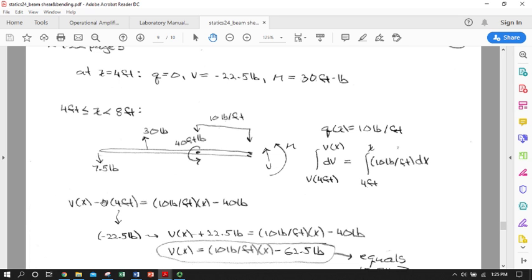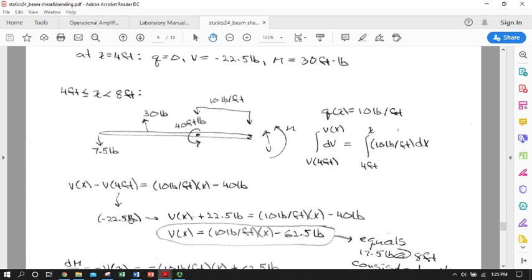So V at x minus V at 4 feet, which we can drop in, equals 10 pounds per foot times x. We just evaluate the integral, and then we're subtracting the integral evaluated at the lower limit of integration, which ends up being 40 pounds.